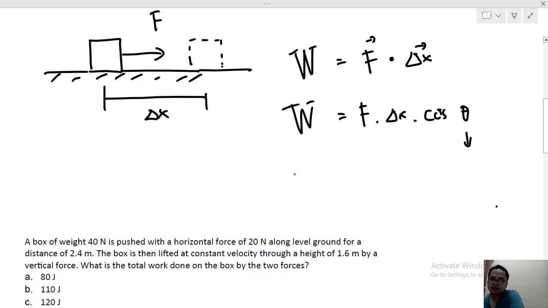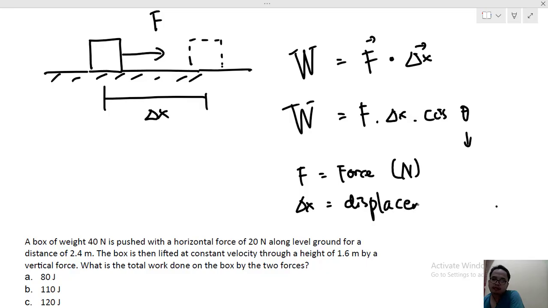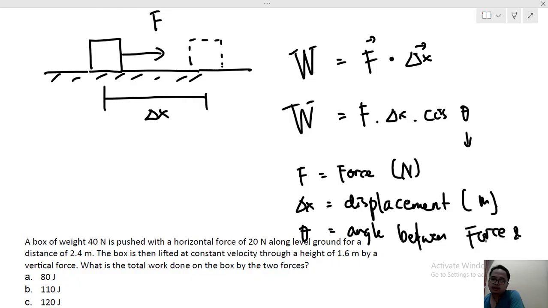I will rewrite that: F is force, the unit is Newton, and delta x is displacement, and the unit is meter, and theta is the angle between force and displacement.